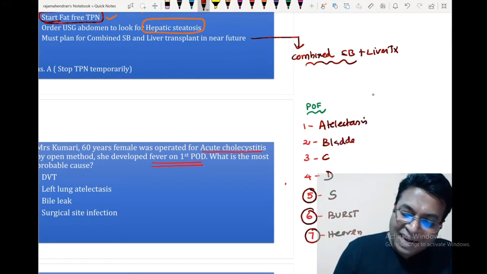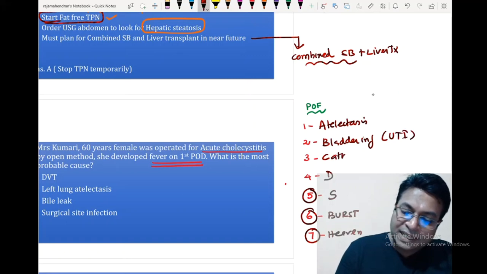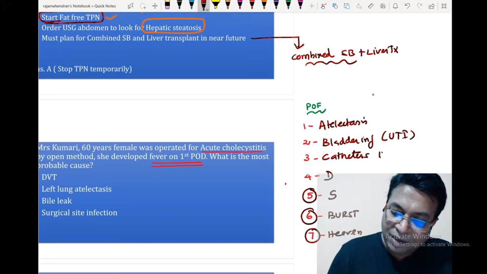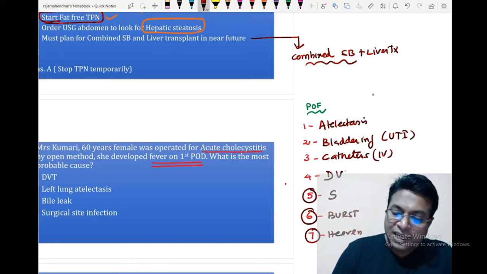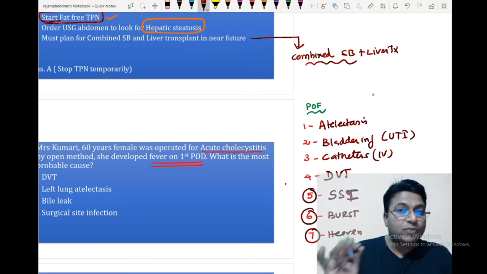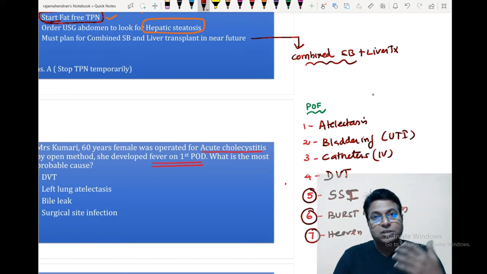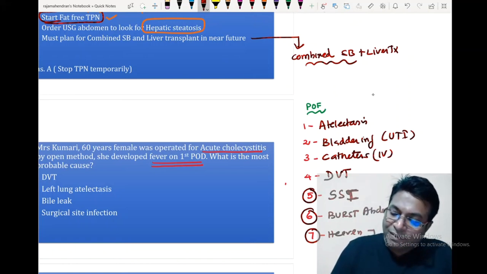Day 2, it is bladder infection or UTI. Day 3 is catheter related, not Foley's catheter, but IV cannula and catheter related. 4th, DVT. 5th day, surgical site infection. Burst abdomen, you saw the previous images, no? That is the cause of fever on 6th day. And you go to heaven if there is a leak of anastomosis.